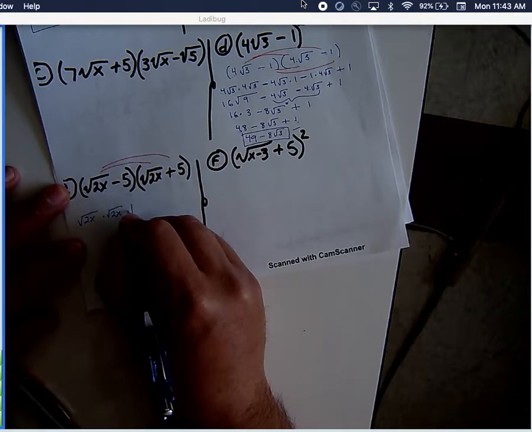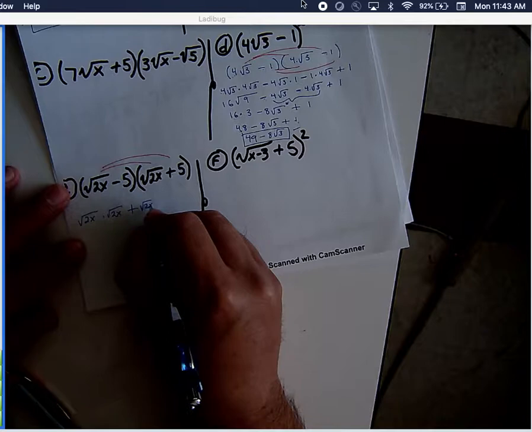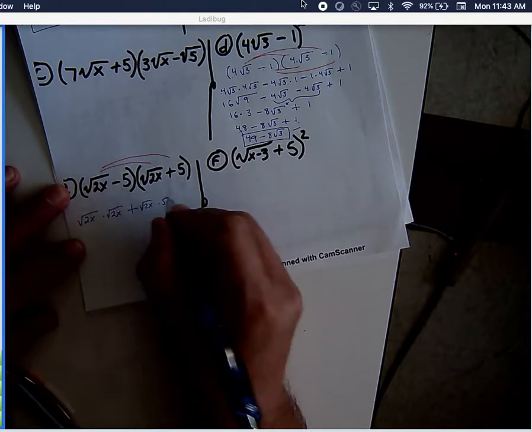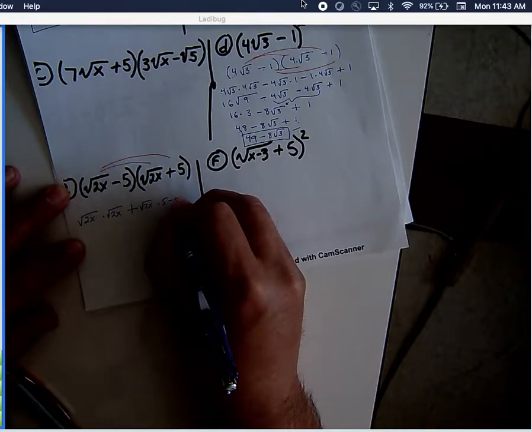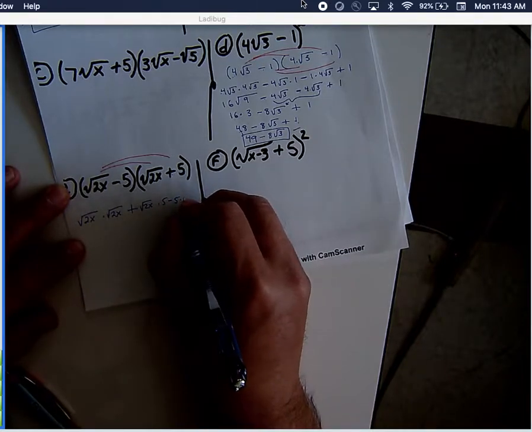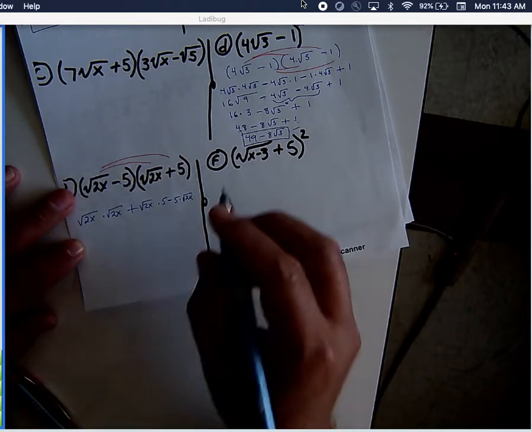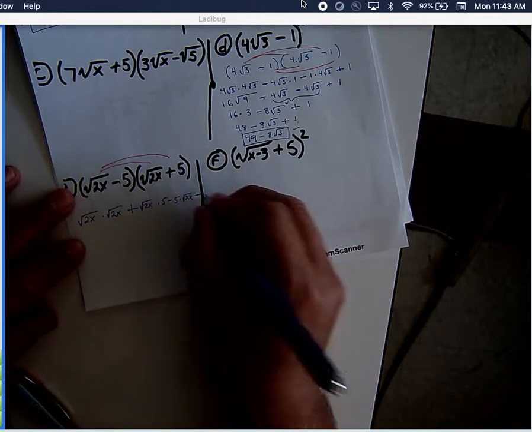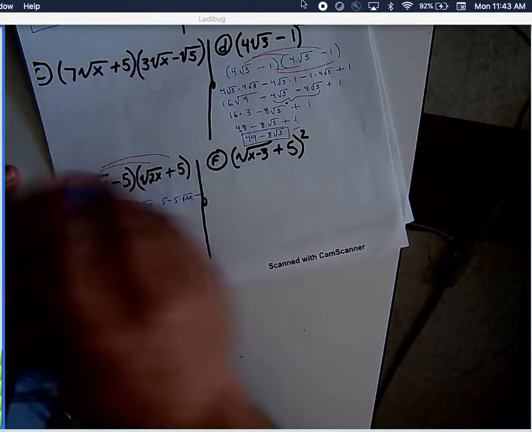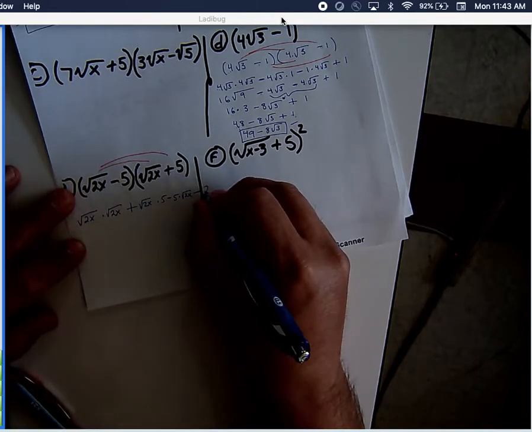So positive square root of 2x times 5. Negative, positive, so negative 5 times square root of 2x, and it didn't fit. Negative, positive, so that would be a negative. I'm gonna put it here. 5 times 5 is 25.